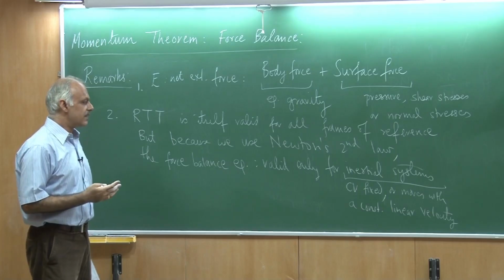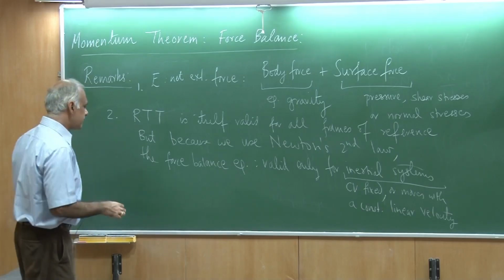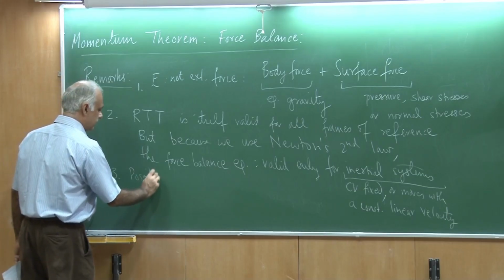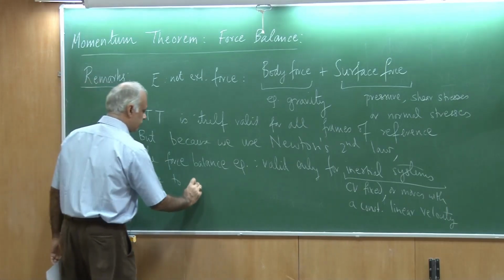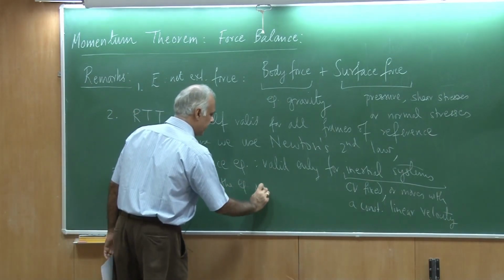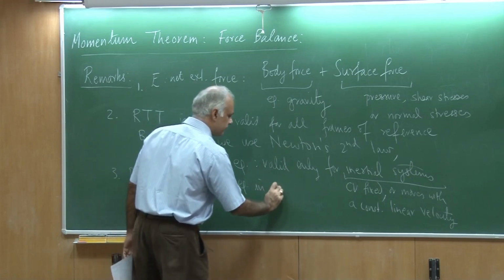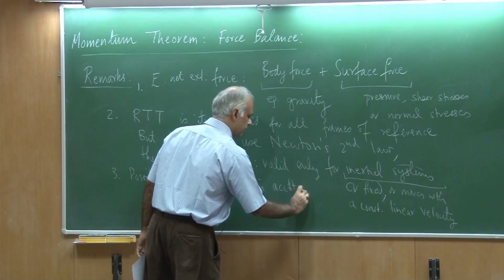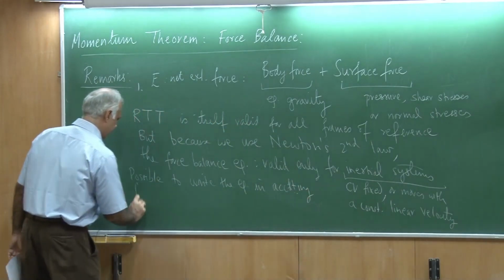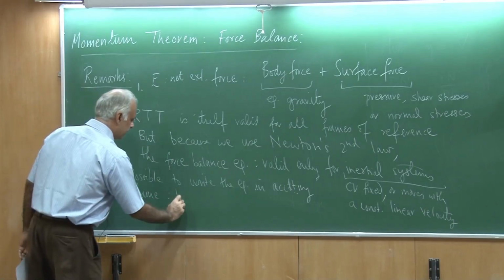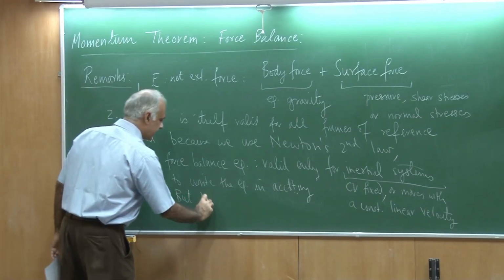I cannot do that in this form. It is possible to write the equation in an accelerating frame, I can do that, but not in the scope of this course.